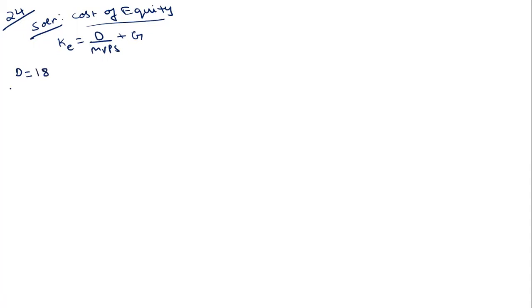MVPS, market value per share, 150. And growth rate? 3%, or 0.03. Okay, K is equal to D 18 divided by 150 plus 0.03.